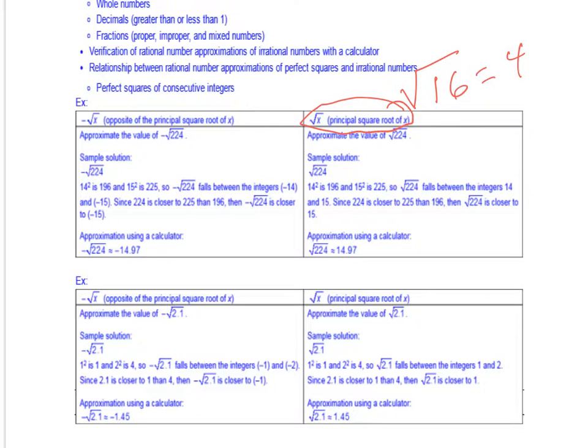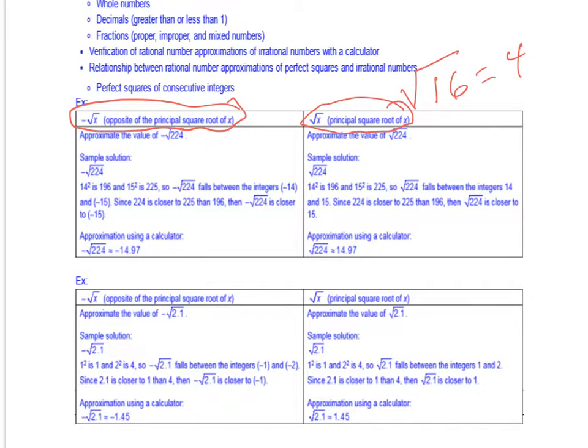But we also have what we call the opposite principal square root. We have both of these. So what I want to do is let you take a look at both, and then we'll see how it applies.